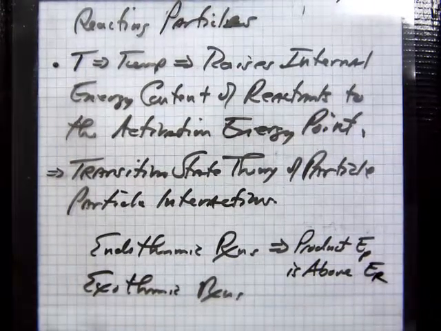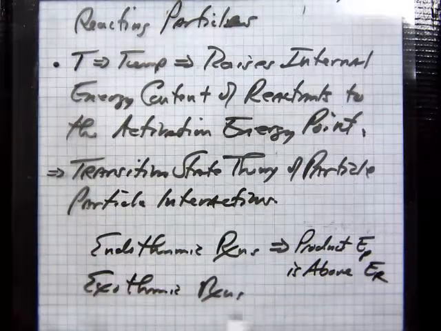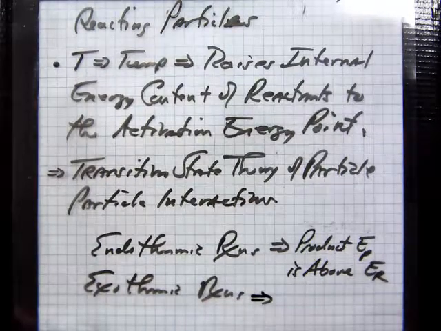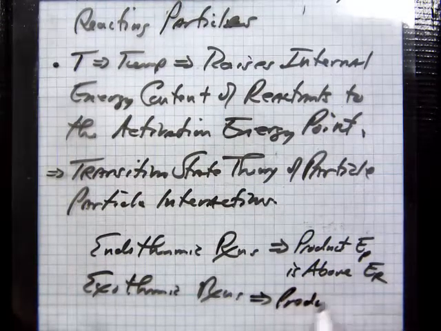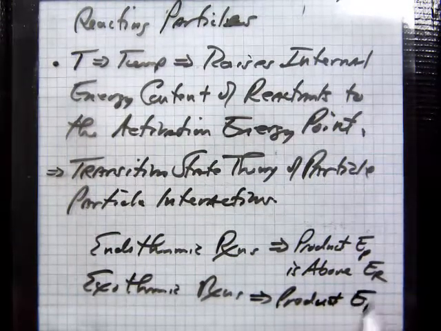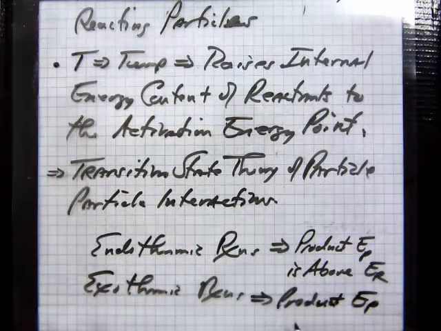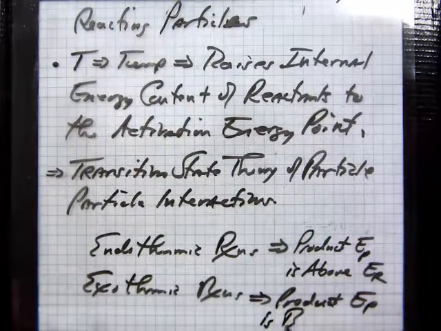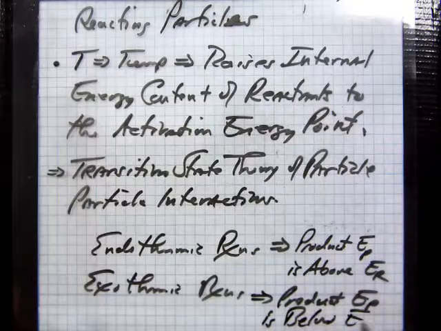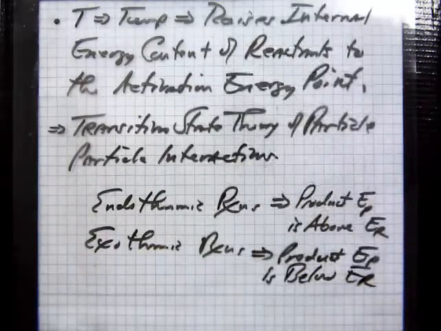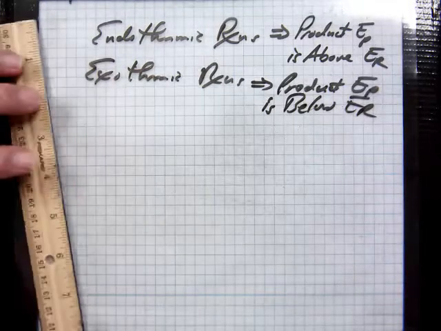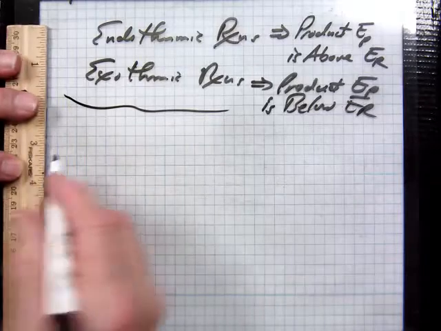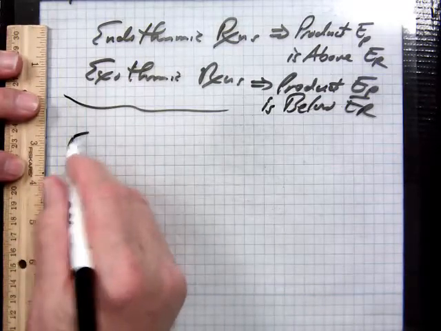R for reactant. Whereas in an exothermic, it's opposite of that. The energy of the products is below reactant energy level. And we can diagram this in the following way. We'll start with the endothermic reaction.